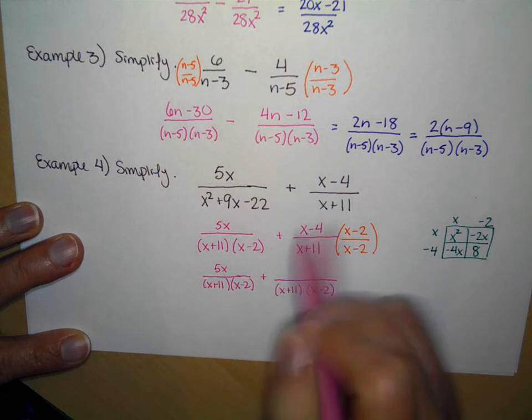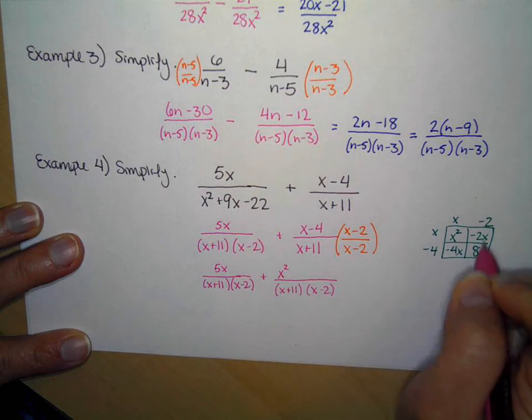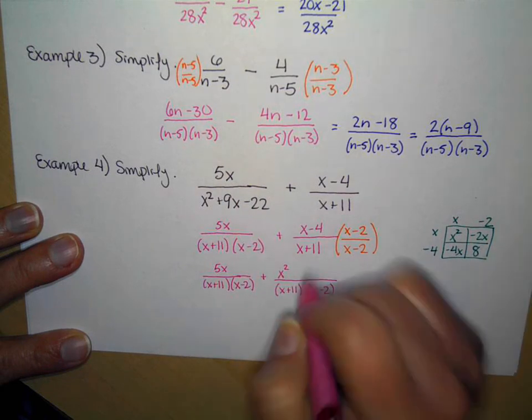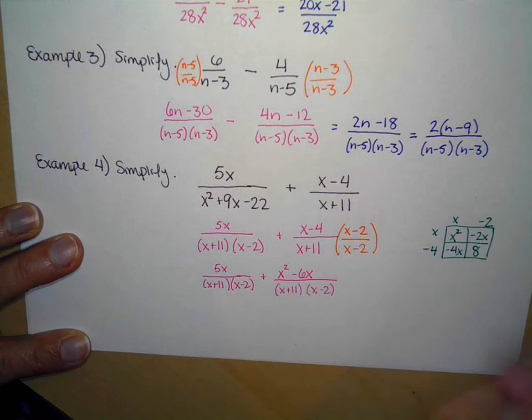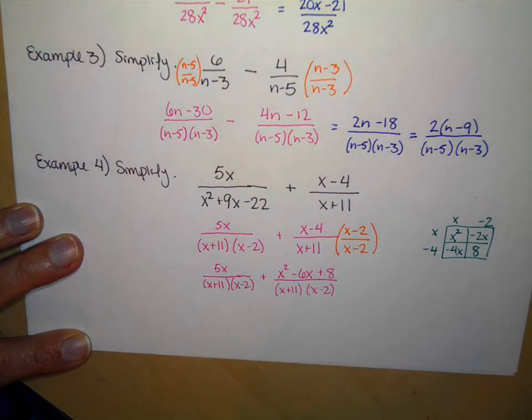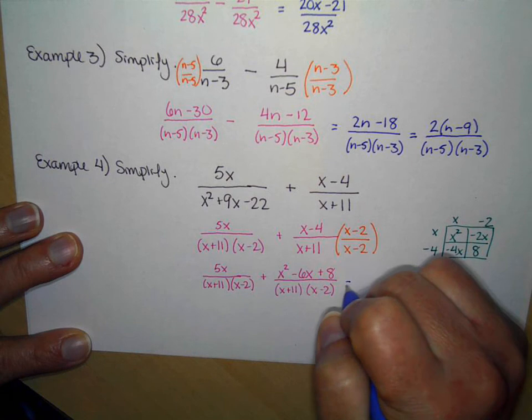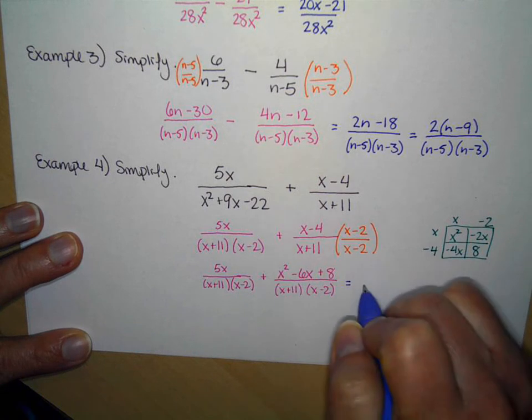So in my numerator, when I multiply that out, we got an x squared. Negative 2x and negative 4x combined to give us negative 6x. And we have a positive 8. And now that we have our common denominator, we can go ahead and combine this into one fraction.